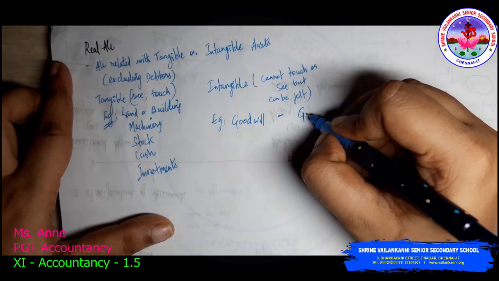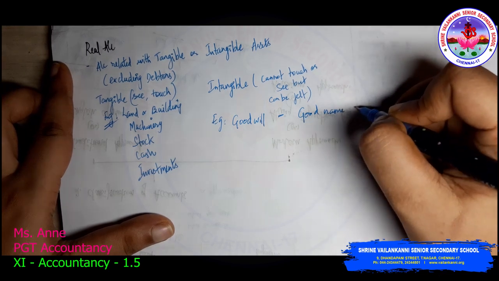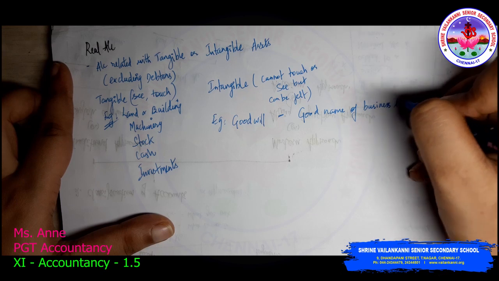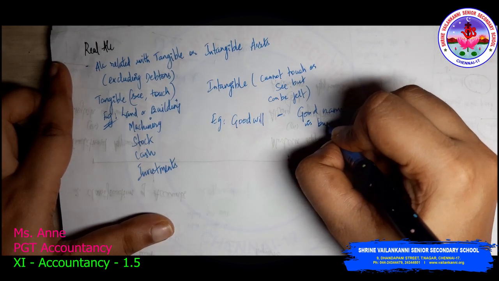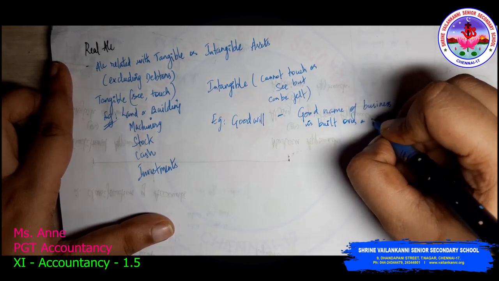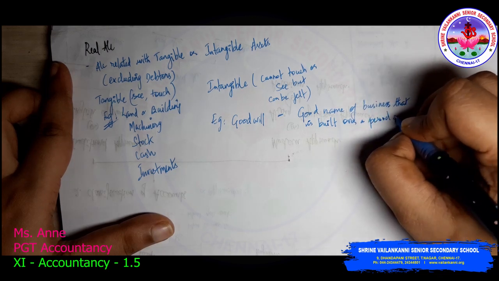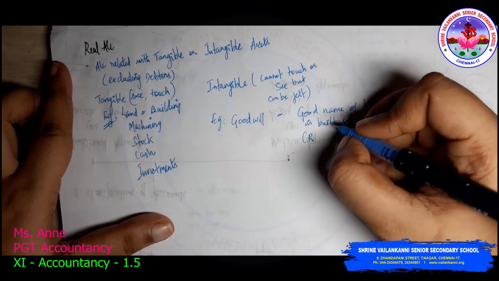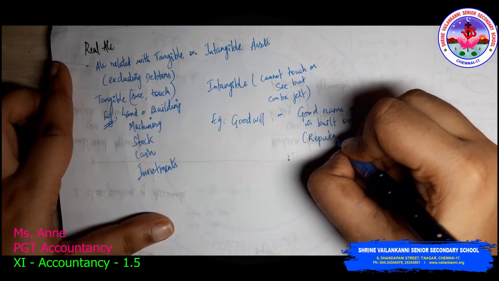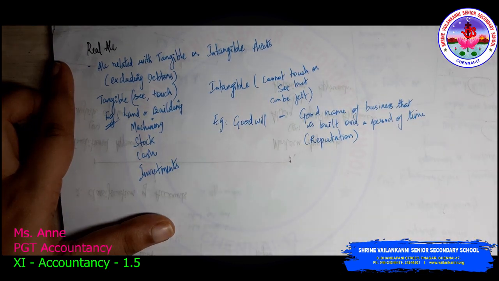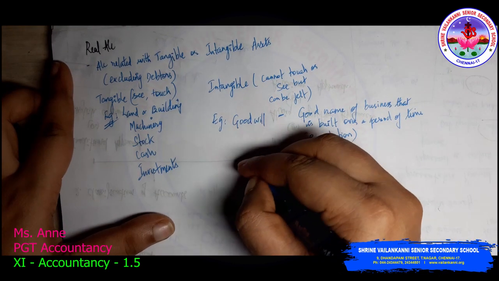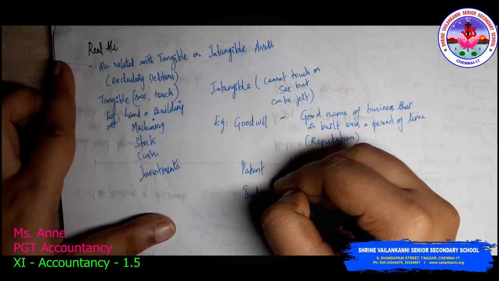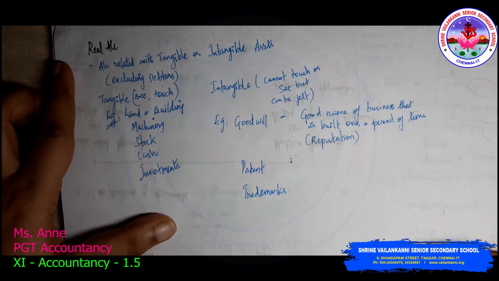Goodwill is nothing but the good name of a business that is built over a period of time. If you want to say it in one word, it is the reputation of a particular business. Goodwill, patents, trademarks, these are all examples of intangible assets.